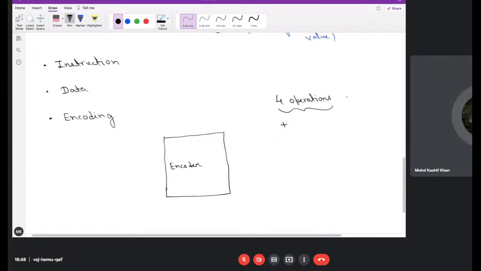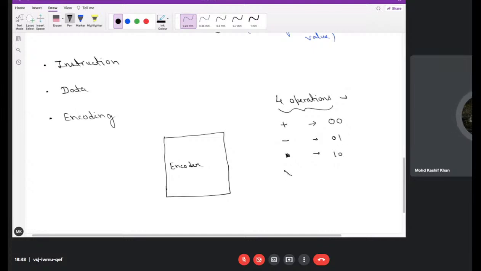So four operations can be represented using how many bits? 2 bits. So as you can see, plus can be represented using 0 0. Minus can be represented using 0 1. Multiply can be represented using 1 0.